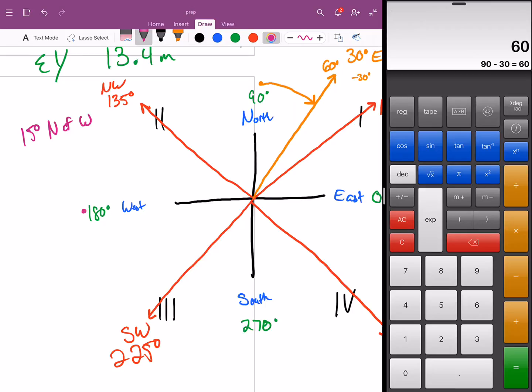Here's west at 180. You clock over 15 degrees. So west is 180. Since you're going to the north, you're going backwards. So negative 15. This equals 165 degrees.